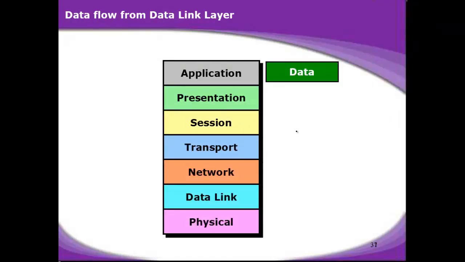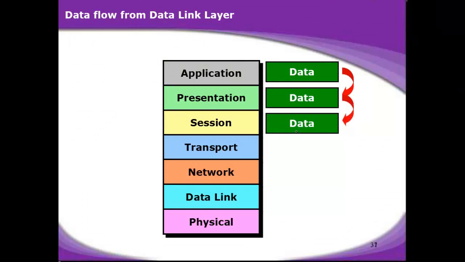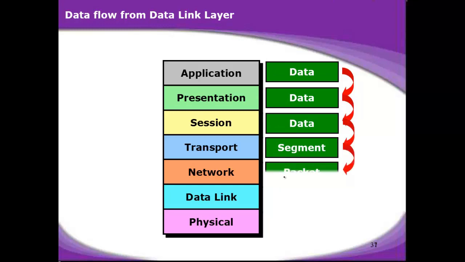So the data flow will be data for the application, presentation and session layers, the segment at the transport layer, and the packet at the network layer. Now at this layer, the packet is encapsulated with the data link layer header, which contains the information about the source MAC address and destination MAC address, plus the information about the protocol that created this packet.